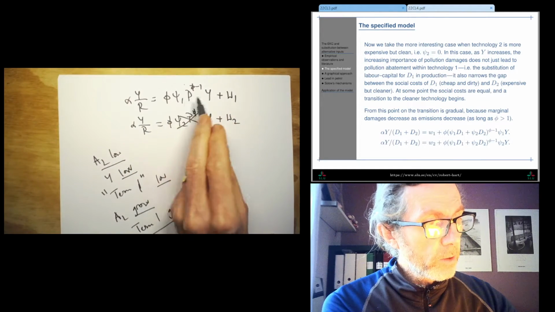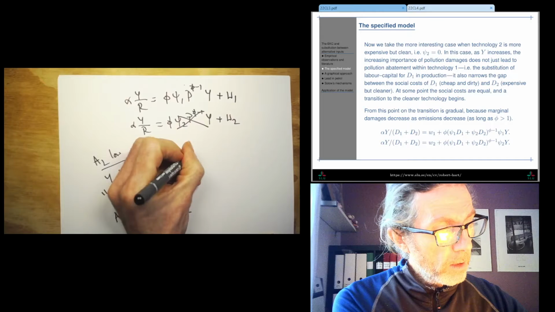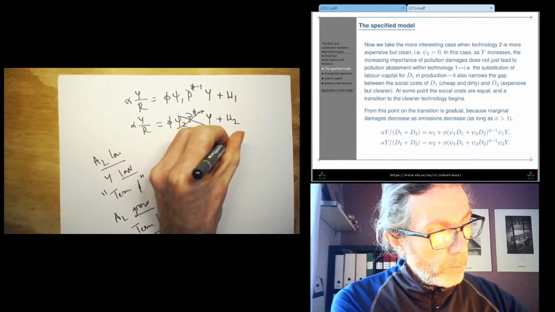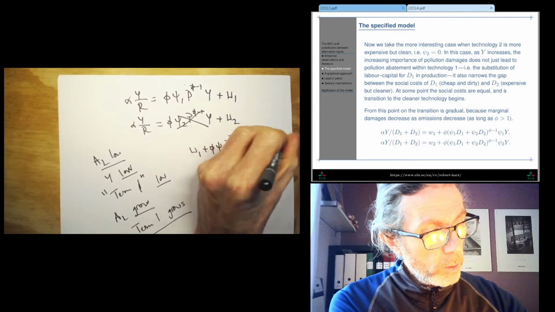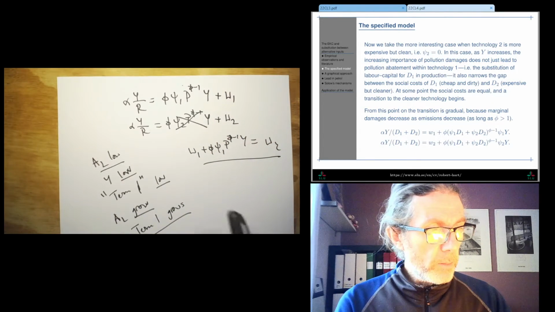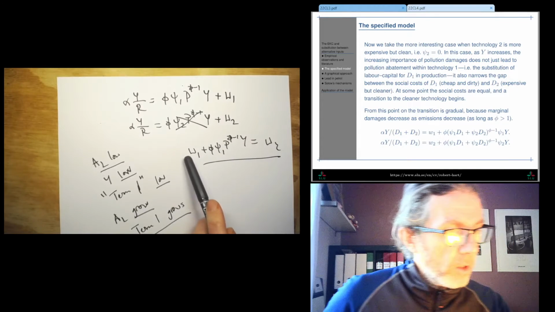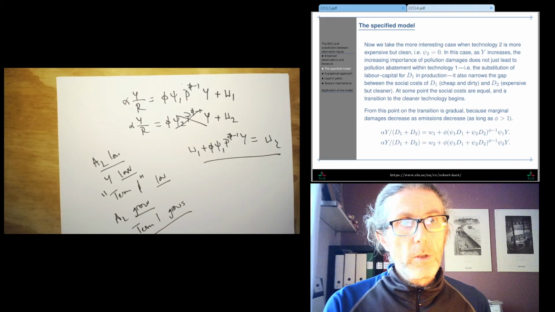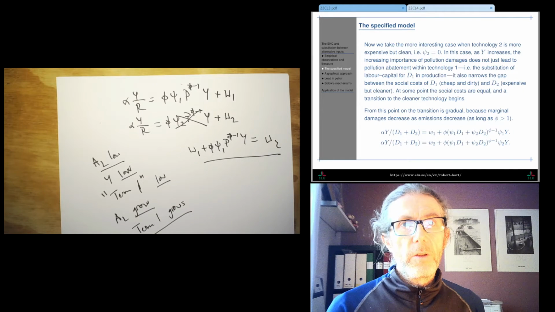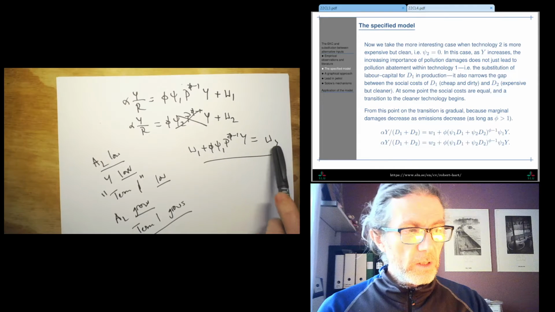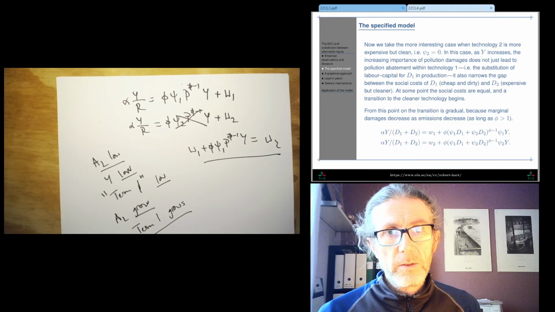So as this grows, at some point w1 plus phi psi 1 p to the phi minus 1 y will be equal to w2. The sum of the extraction cost and the damage cost for the dirty resource will equal the extraction cost for the clean resource. At that point, we start to use the clean resource.